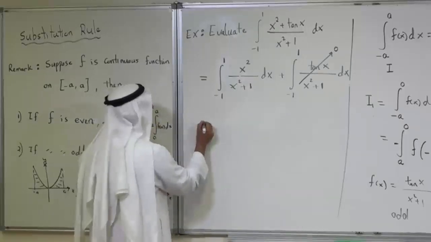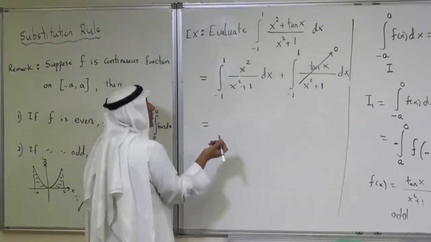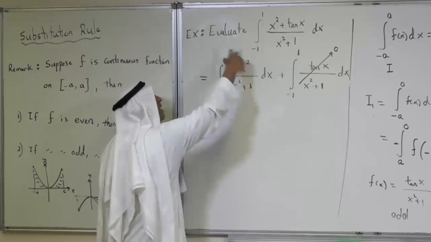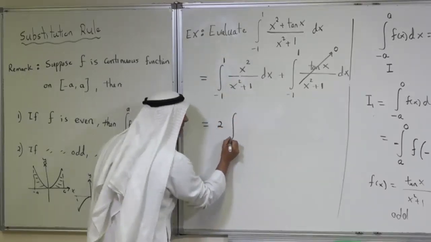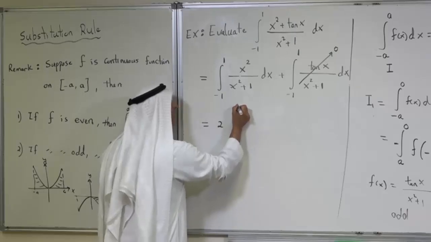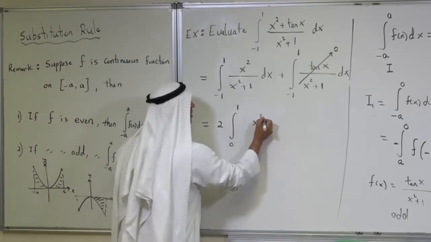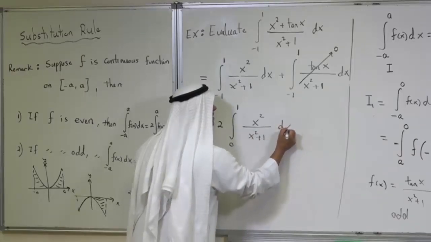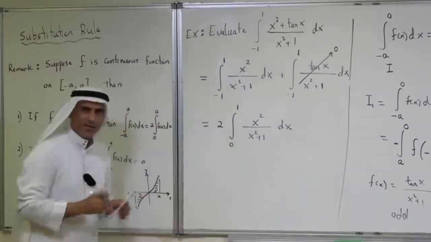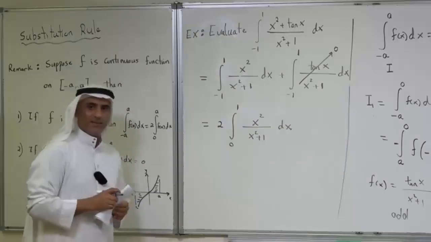So, according to the theorem we have, or the remark we wrote here, the evaluation of this, you can write it as 2 times the integral from 0 to 1 of x squared over x squared plus 1 dx. Now, this is the first issue you have. The second one, how to evaluate this?